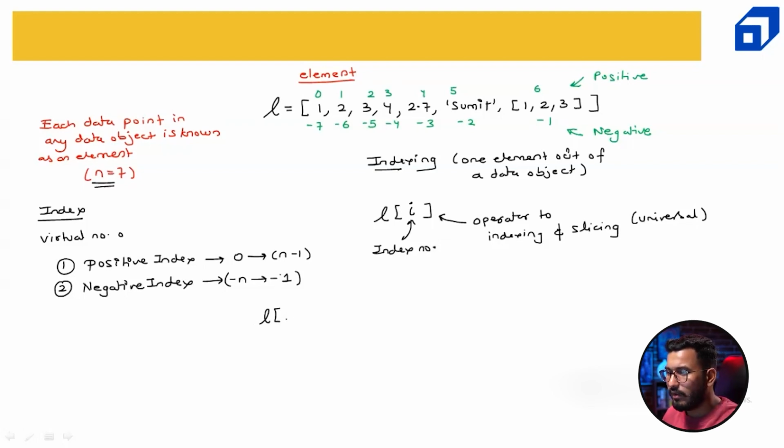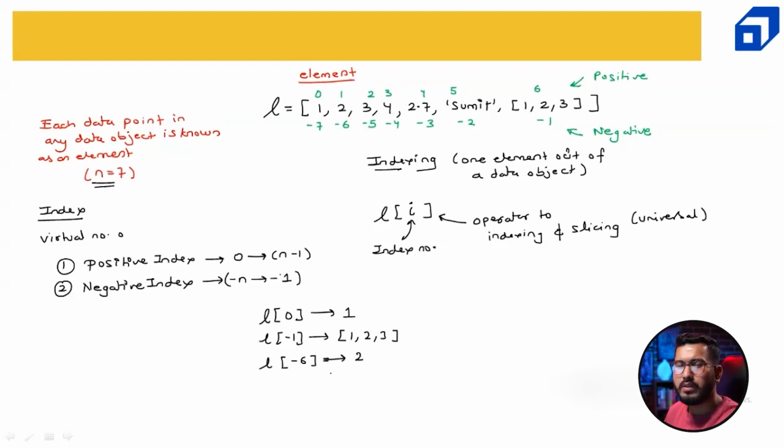If I say L of 0, I'll get the output as 1. If I say L of -1, I'll get the last element. If I say L of -6, I'll get 2. So you can use positive index or negative index, that's not a problem. That's your indexing.